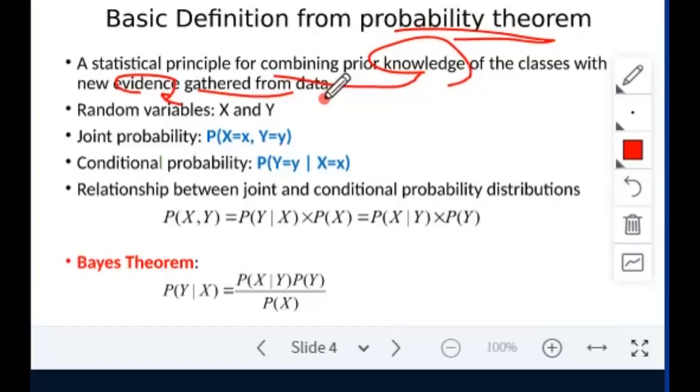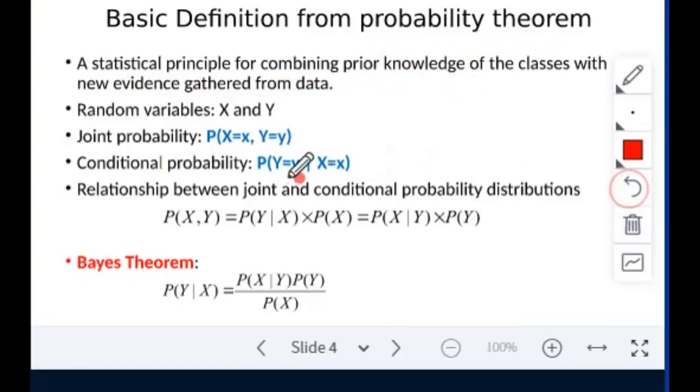Let us consider there are two variables, let X and Y be a pair of random variables.